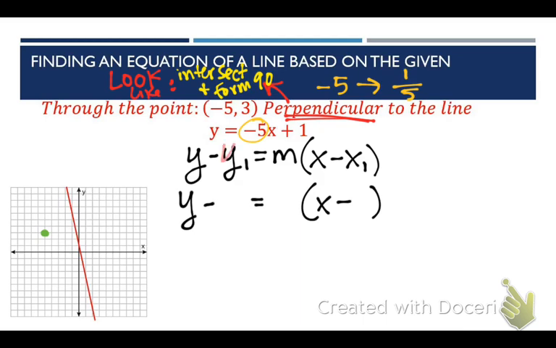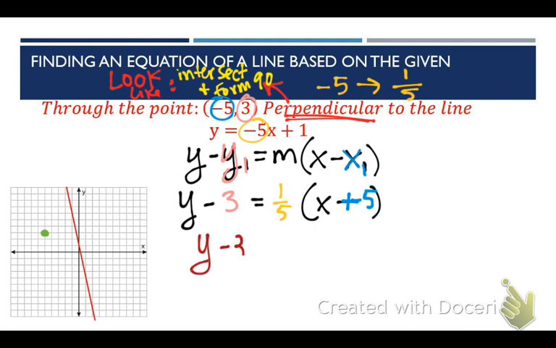So what is the y of the point they gave me? 3. So I'm going to plug that in. What is my new slope? 1/5. And then the x of the coordinate they gave me. -5. When I plug that in, positive. Good.